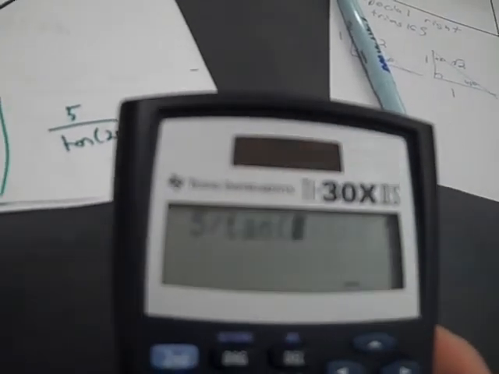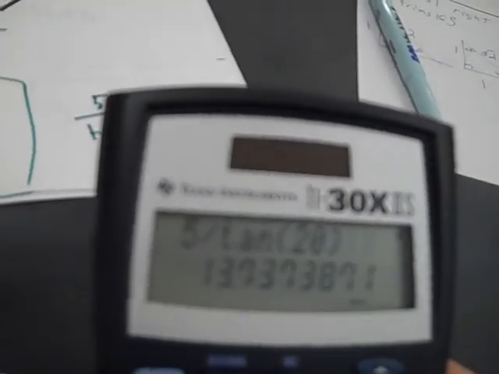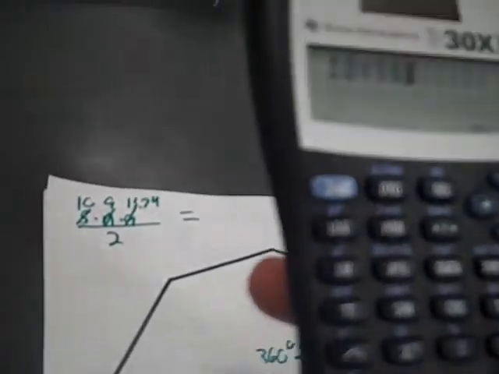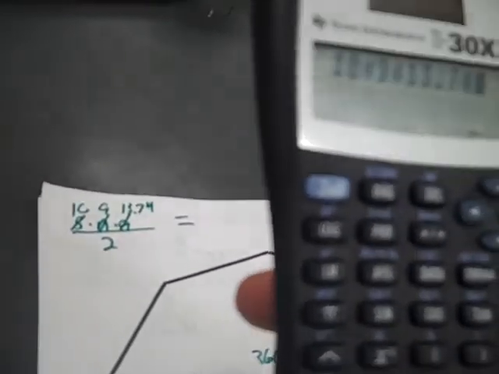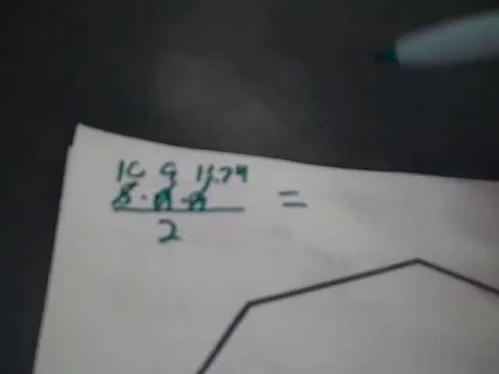So 5 divided by tan 20 is 13.74. And that's your A, 13.74. Now you just plug it into this. So you take 10 times 9 times 13.74 divided by 2. 618.3 square feet.